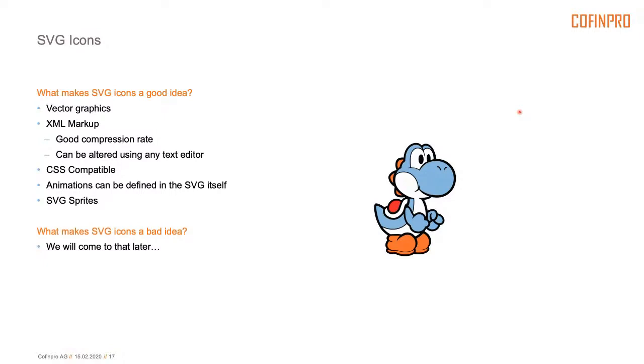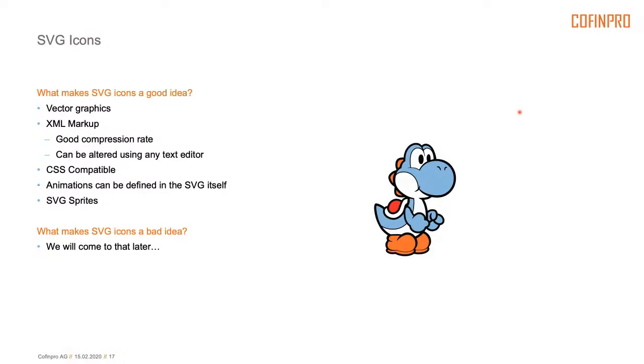And last but not least, we can also use SVGs in combination with SVG sprites. SVG sprites are a little like an icon font. An icon in an icon font is like an SVG in an SVG sprite, which means that an SVG sprite is just a bunch of different SVGs. So you can have one SVG sprite, and you can put different SVGs in it, and create a collection of icons.